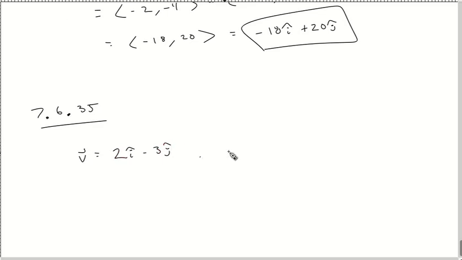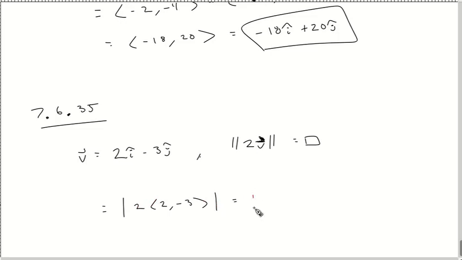Okay. And they say, find the magnitude of 2 times v. So there's a couple ways you can do this. You can actually take that 2 and move it out and then just find the magnitude of v, which I'm not doing. And so let me show you what I'm going to do. I have the magnitude of 2 times v.